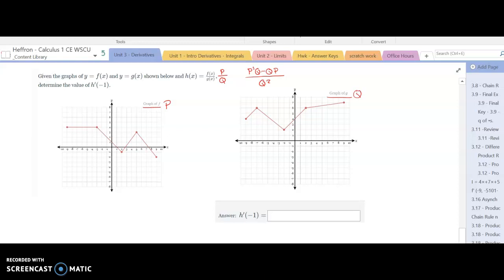So as we think about it like that, we need the derivative at -1, so I need P prime.